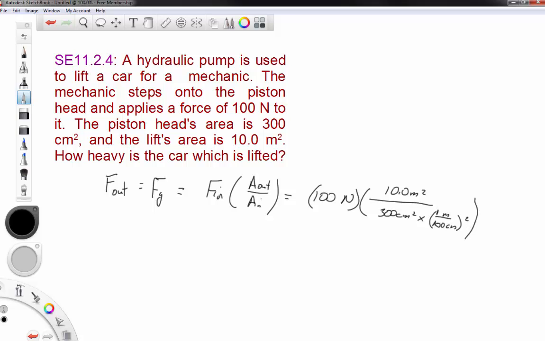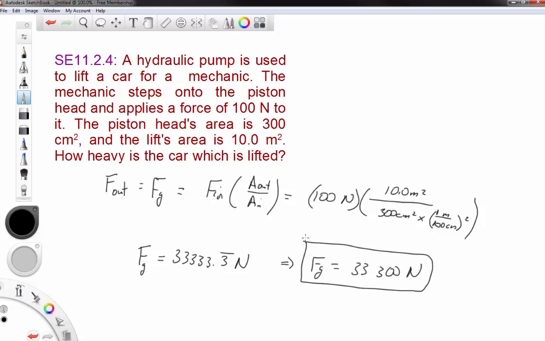So what this means is that the total weight of the car, which may be lifted by this, is about 33,333.3 repeating newtons, or since we're using maybe 3 significant figures, maybe we should write this as about 33,300 newtons.